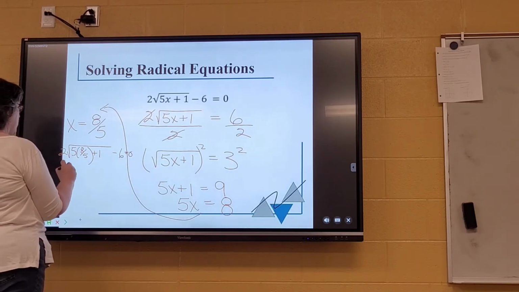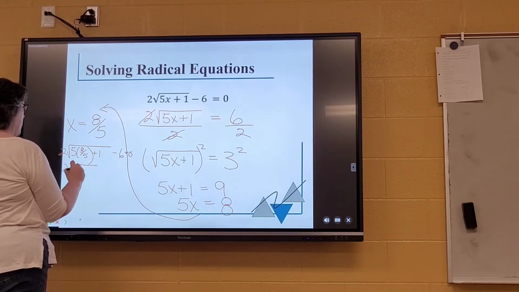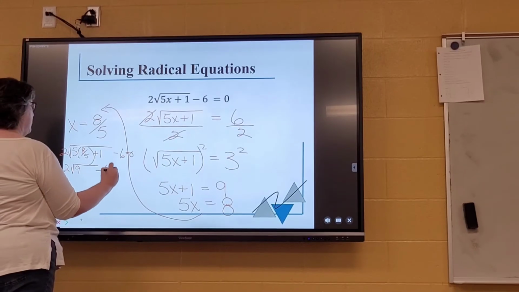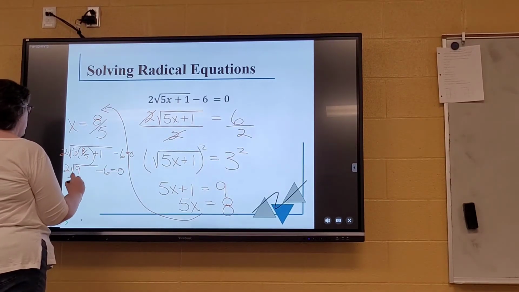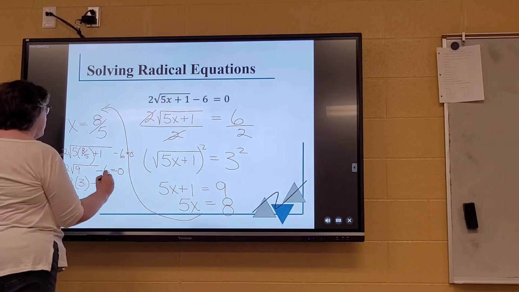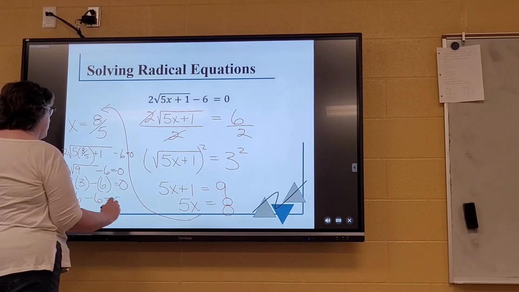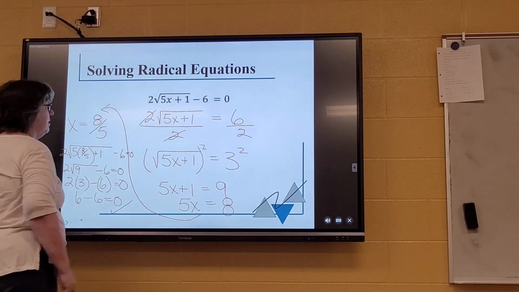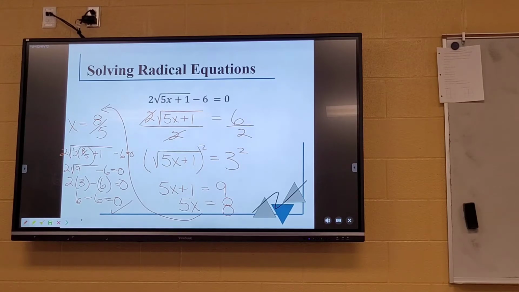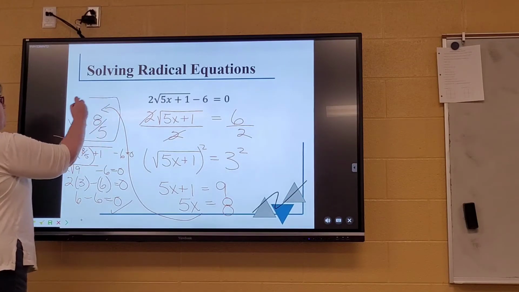So that's 2 times the square root of 9 minus 6. 2 times 3 is 6. All right, so I've got 6 minus 6 equals 0, so that checks. And that's it. This is my solution.